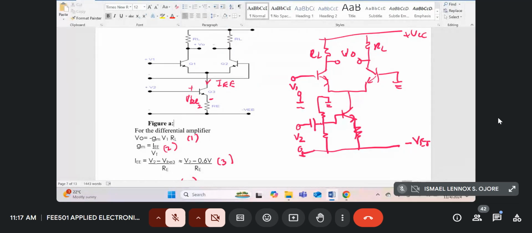Oh, Brian, you're saying you're using 4 quadrants. Okay, Brian, switch on your mic. Yes, we're doing 4 quadrants.